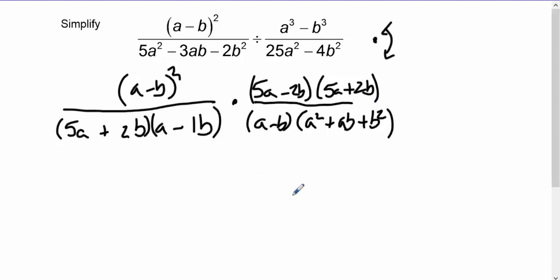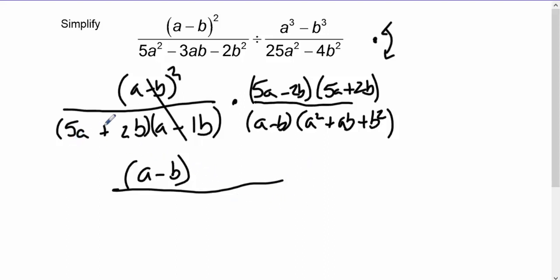I look for my like factors. These are like factors, so I can reduce one of them and get an a minus b in the numerator. I'll just get rid of those. 5a plus 2b, 5a plus 2b gives me a 5a minus 2b left in the numerator. These are all gone.